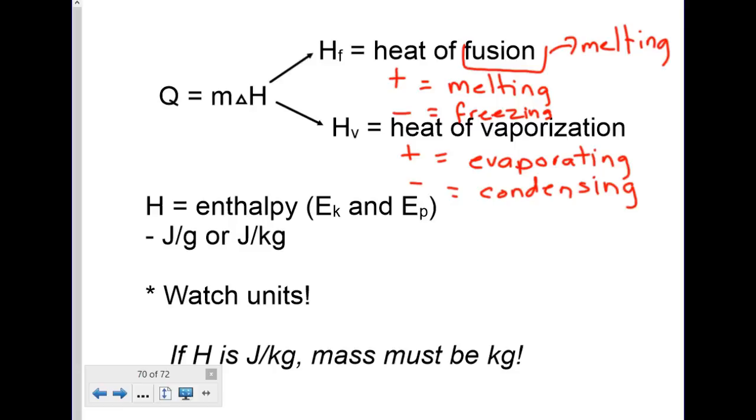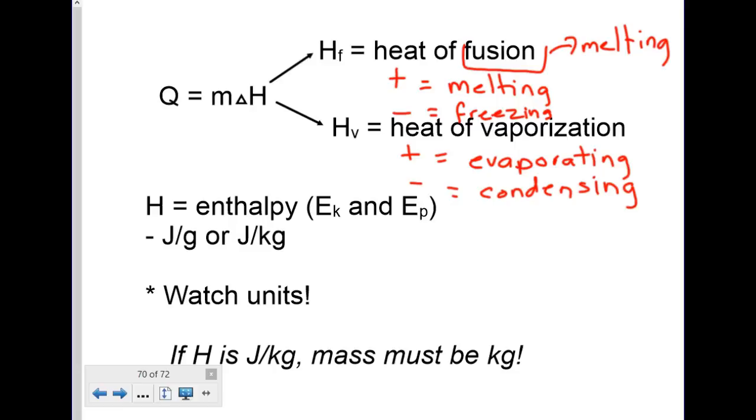The units of H totally depend on what kind of a question you're dealing with. If you're dealing with chemistry, generally we use smaller amounts of substances, so you're going to see the units joules per gram. However, in physics, we're usually talking about devices with much larger entities, and you have joules per kilogram.